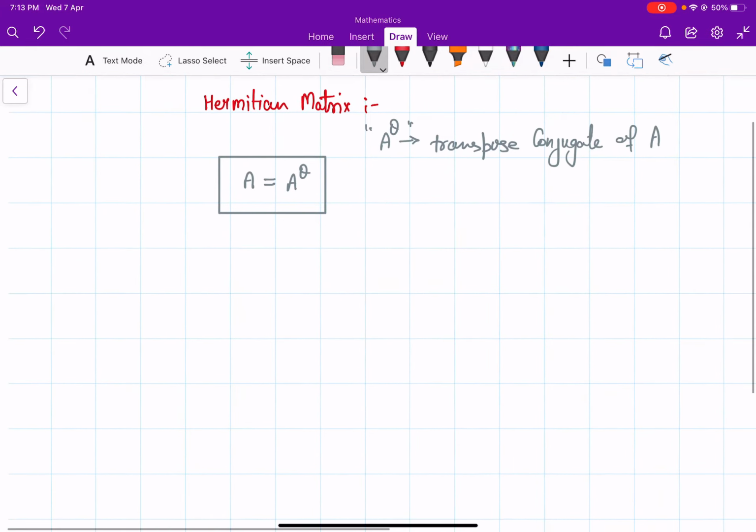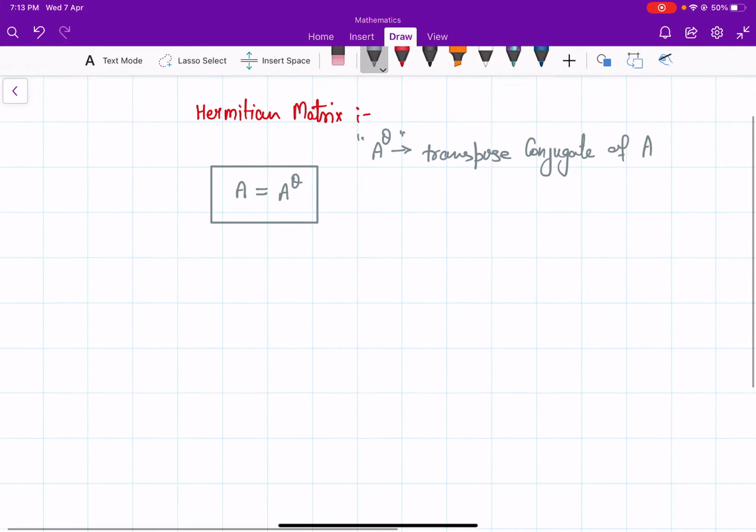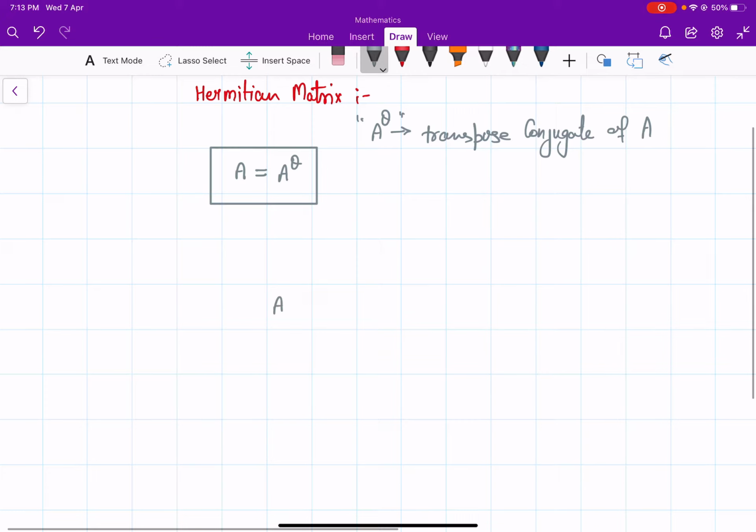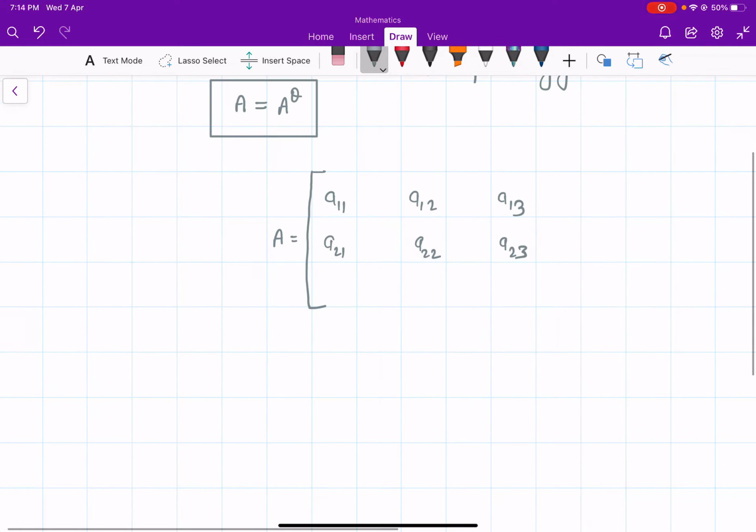For example, suppose A is a square matrix of order 3 cross 3, so the elements will be A11, A12, A13, A21, A22, A23, and the last row A31, A32, A33. So this is a square matrix of order 3 cross 3.